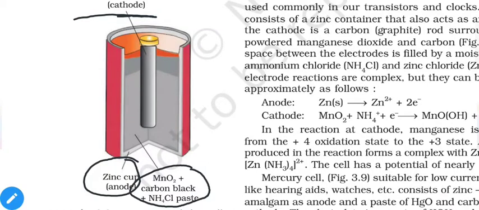In this cell both electrodes are in direct contact with the same electrolytic solution, so there is no need to use a salt bridge. If you are using two different containers for anode and cathode, then you have to use a salt bridge to complete the circuit, but these two are in the same electrolytic solution, so no need to use it.